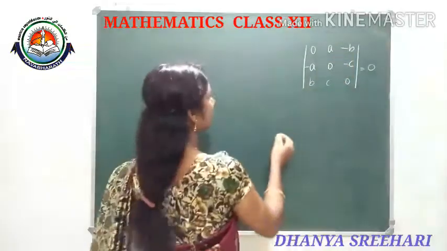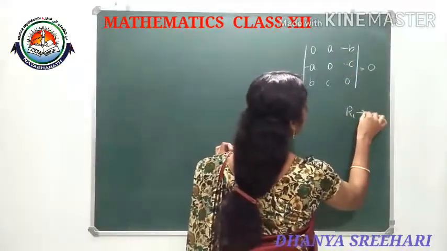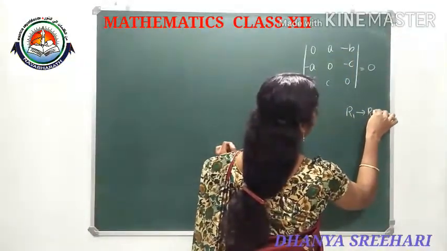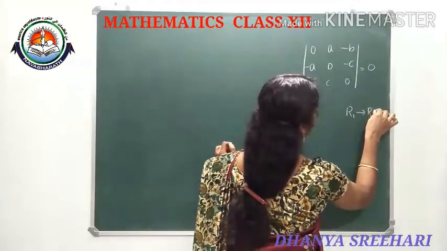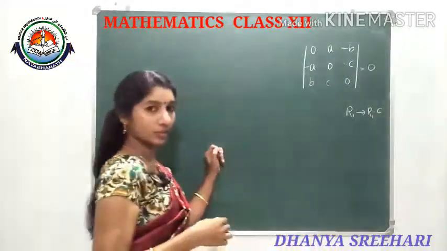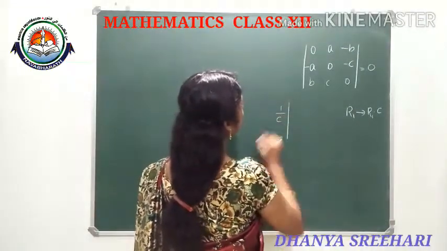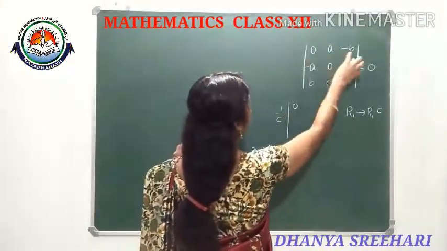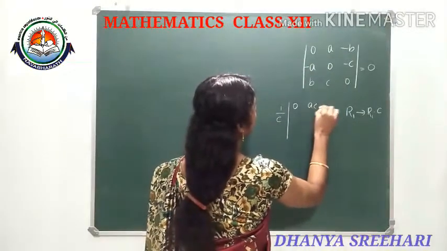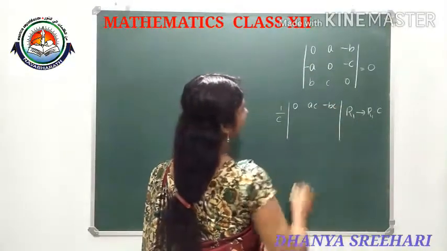Okay. So R1 changes to R1 into C. Okay. So this will come 1 by C into 0 multiplied by C, AC minus BC.